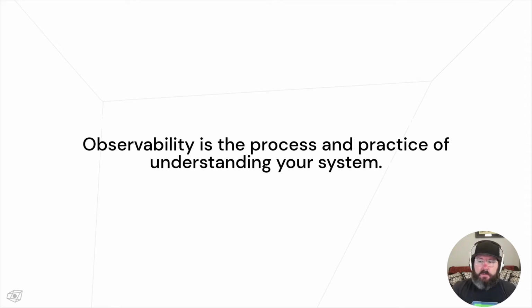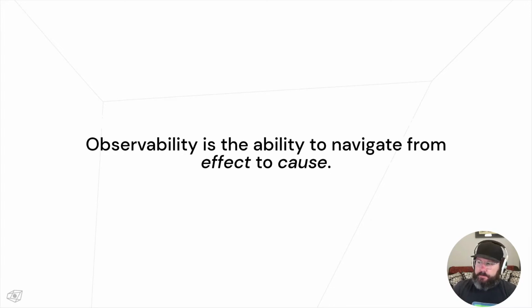But it's not simply about data sources. In a lot of ways, observability is about these cultural changes that make it easy to ask arbitrary questions and understand your system. More precisely, it's the ability to take an arbitrary effect and then navigate back from that effect to what caused it.